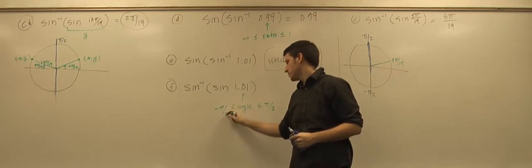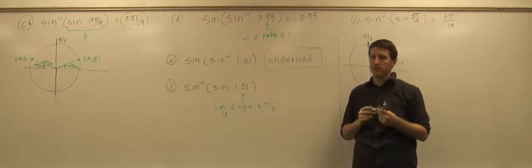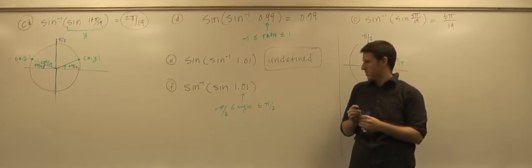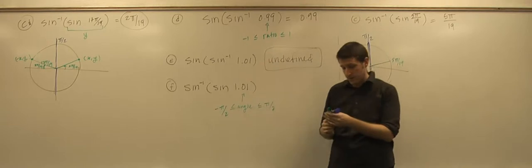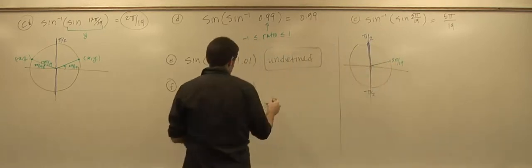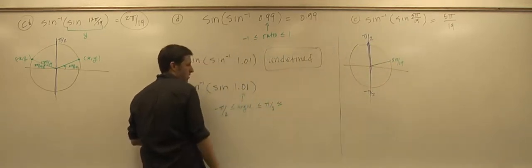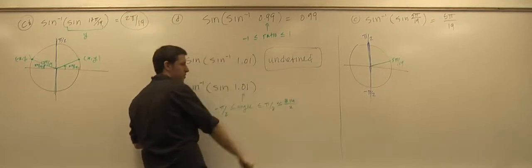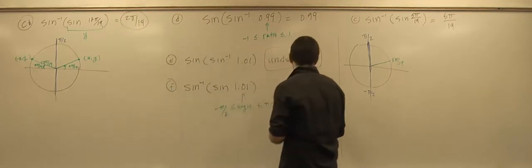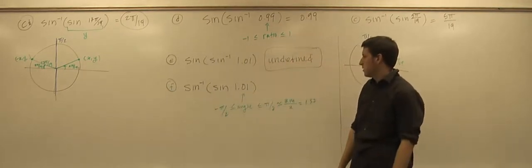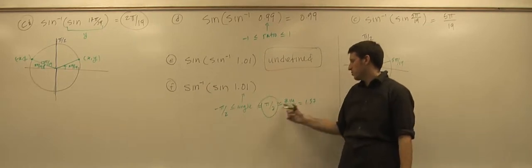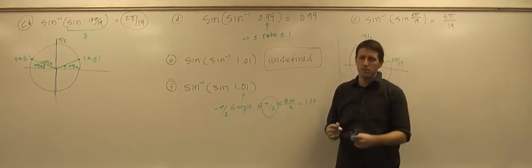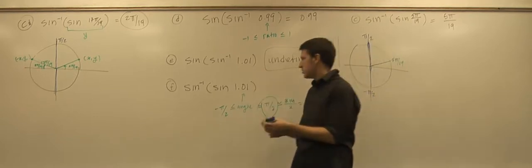So the question becomes, is this between pi over 2 and negative pi over 2? No, it's in radians. But give me an approximation here. What's pi approximately? 3.14. So 3.14 over 2 is 1.57. So pi over 2 is approximately 1.57. Is this less than 1.57? Then we're good. This is in the correct range. So these will cancel.